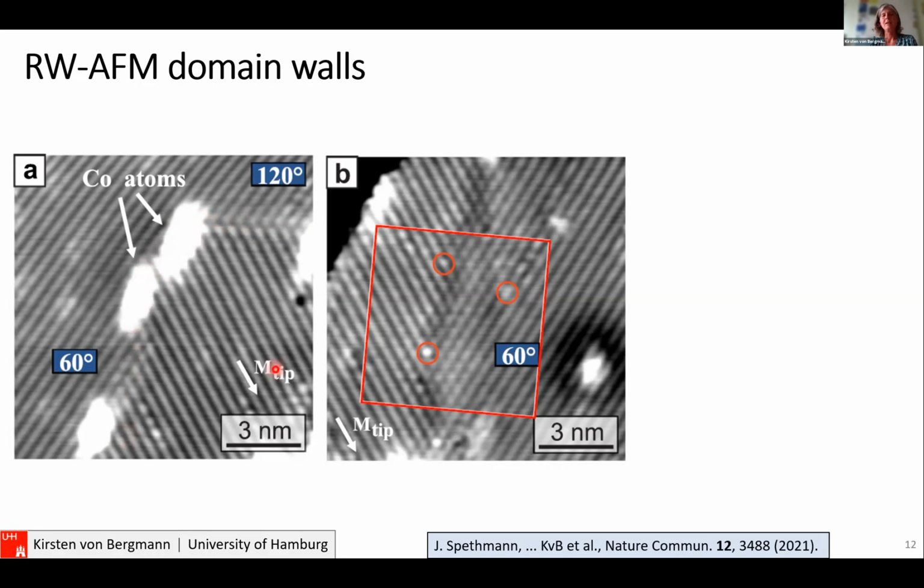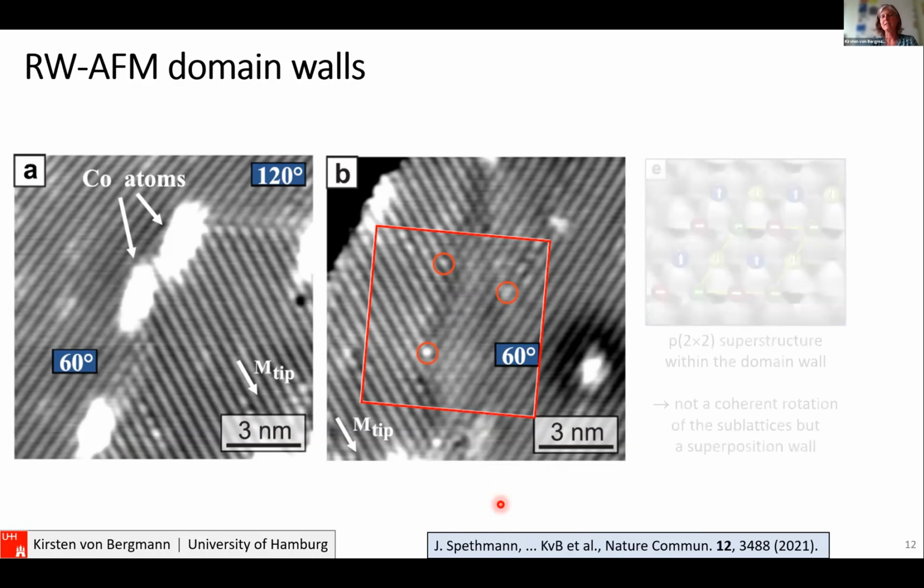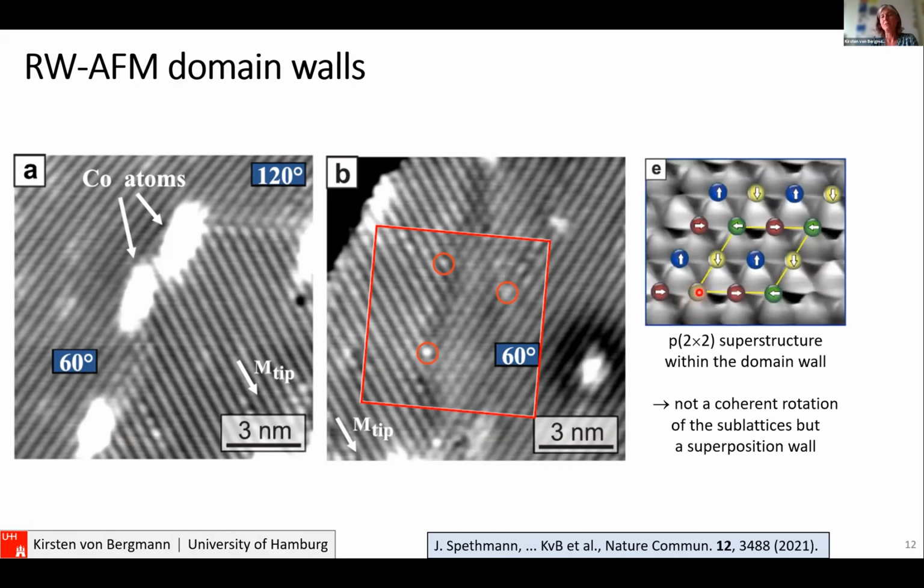And here is another sample area where we actually have these in-layer defects or sub-layer defects, which actually hold the wall apart. So they widen the wall, and we can easily see and analyze the interior of the wall within this particular wall. And what we see is a p(2x2) superstructure.